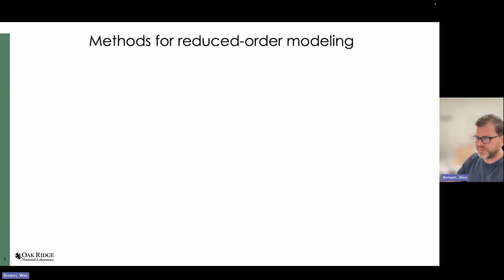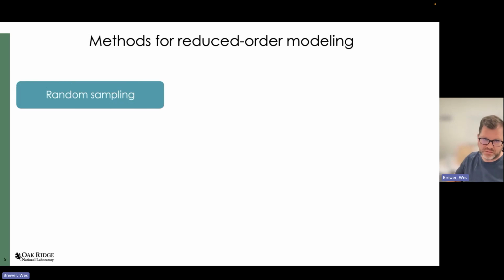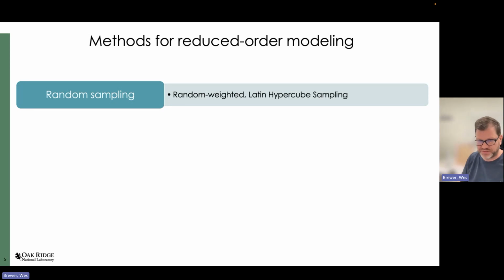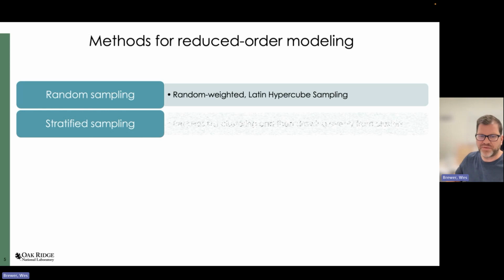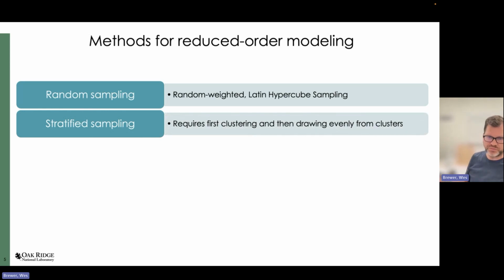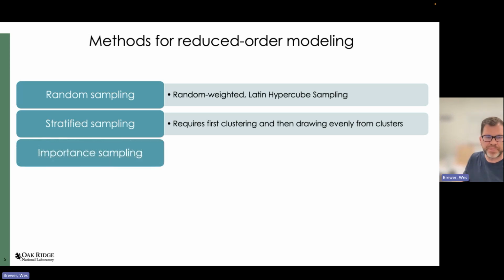There have been a number of methods for reduced order modeling, and I'm not going to address every method here, but I'm going to cover the main ones. The simplest approach is random sampling, and it's actually quite an effective approach. You can consider random weighted sampling or Latin hypercube sampling, among others. Then there's stratified sampling, where you do some level of clustering and then draw evenly from those clusters.